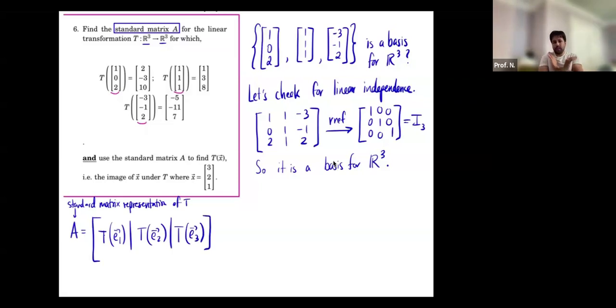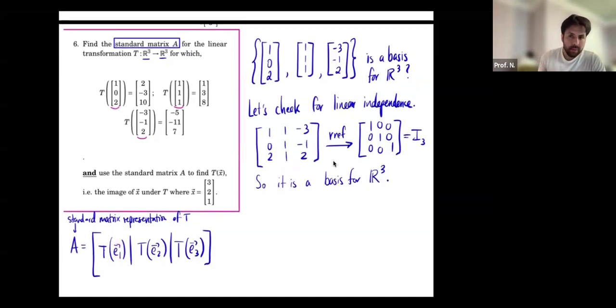This is purely definition. So I know that the standard matrix representation will be figuring out where E1 is mapped to under this transformation. Where is E2? What's the image of E2? And what's the image of E3 under the transformation T?